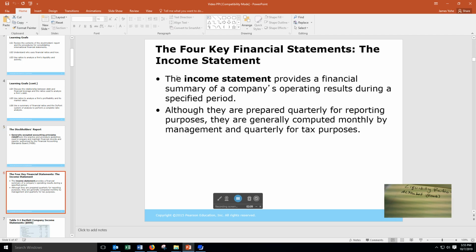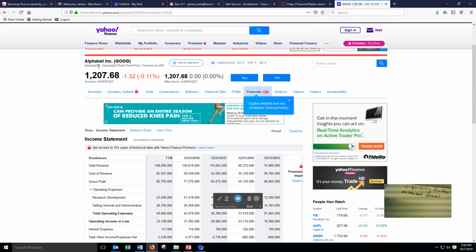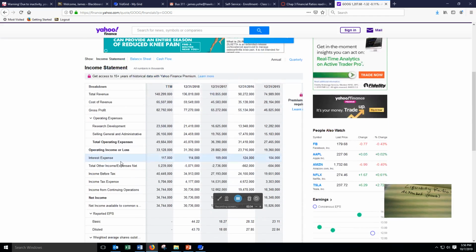The first key financial statement is the income statement. It provides a financial summary of a company's operating results during a specific period. This could be quarterly, monthly, depending upon the purposes, or annually. We're going to look at an income statement for a company you've all heard of, Alphabet Incorporated, also commonly known as Google. They changed their name a while ago. If you look here, we have an income statement.